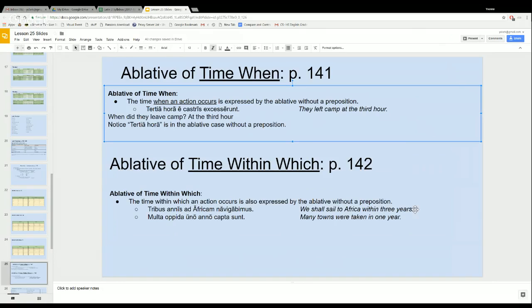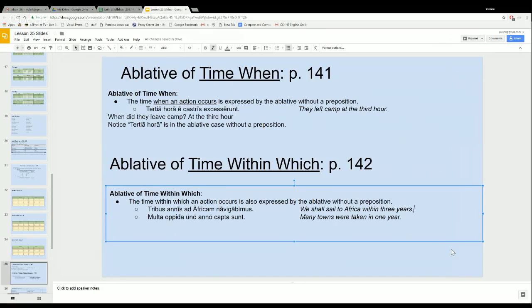And back over here, let's try translating one of these as time when. If we said, we shall sail to Africa at 3 years, it wouldn't work. At 3 years. We naturally understand, oh yeah, within 3 years.